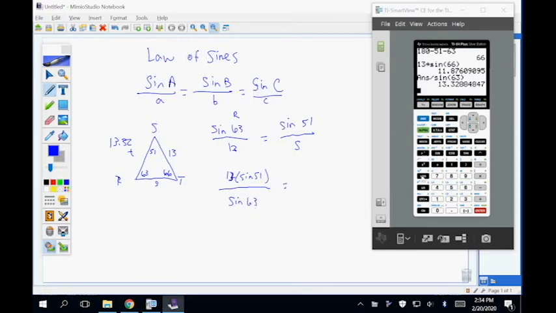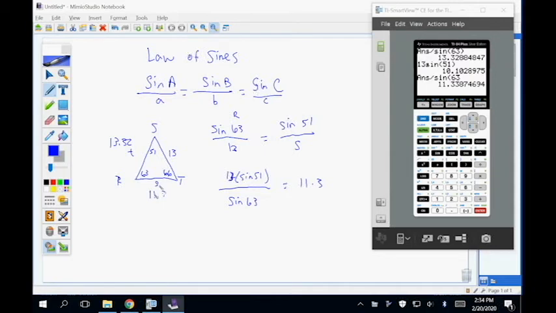And that gets us 11.3. So that is the length of side S.